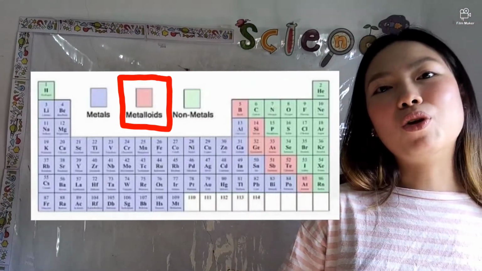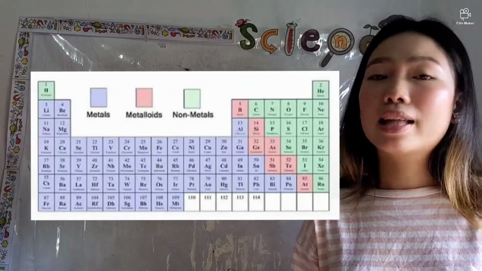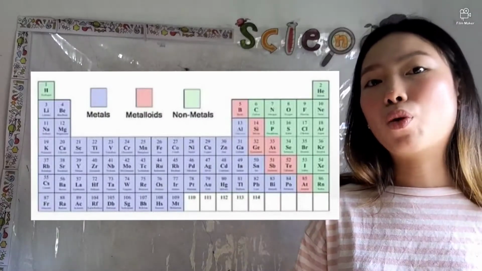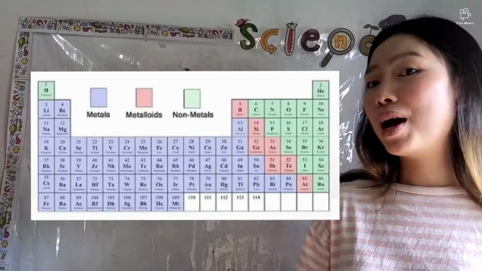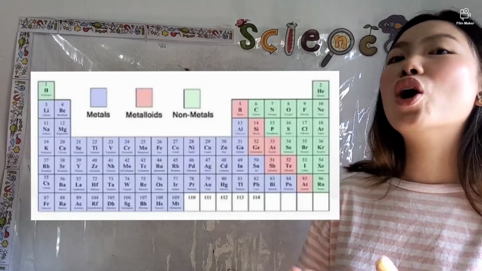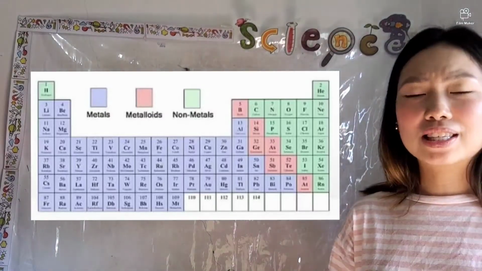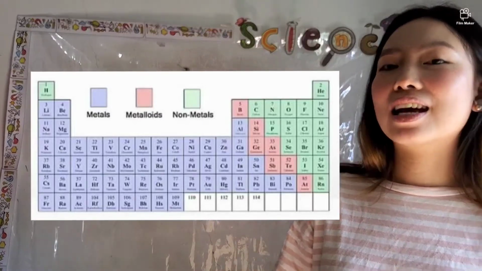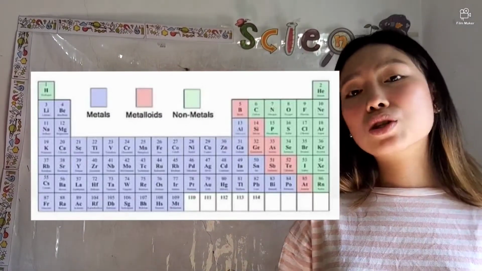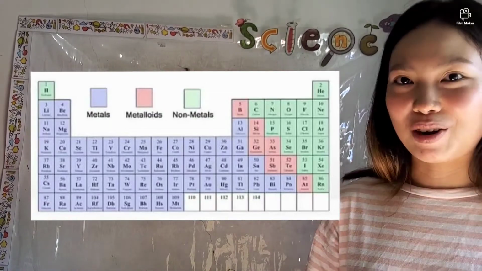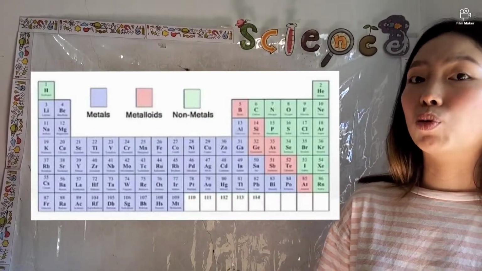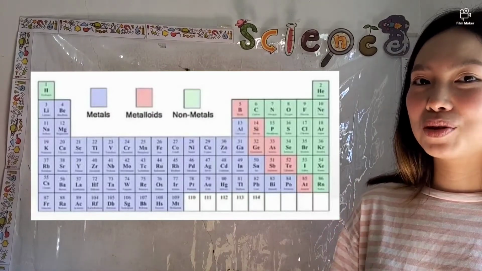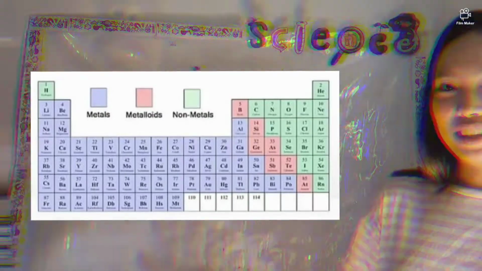When we say metalloids, they are half metal and half non-metal because both characteristics or properties of metal and non-metal are found on the following elements. Kaya hindi sila mai-consider as metal or non-metal kasi parehas ng katangian ay nasa kanila. So that's why we call them the metalloids. And metalloids are found between the metal and the non-metal to separate their location.